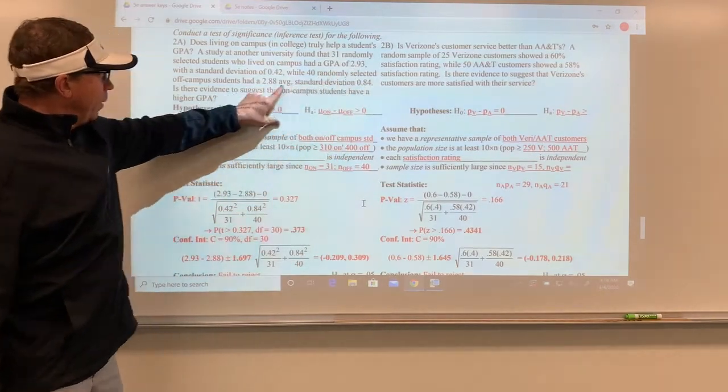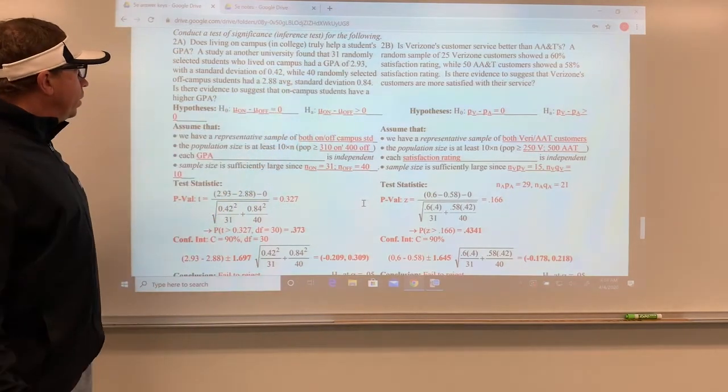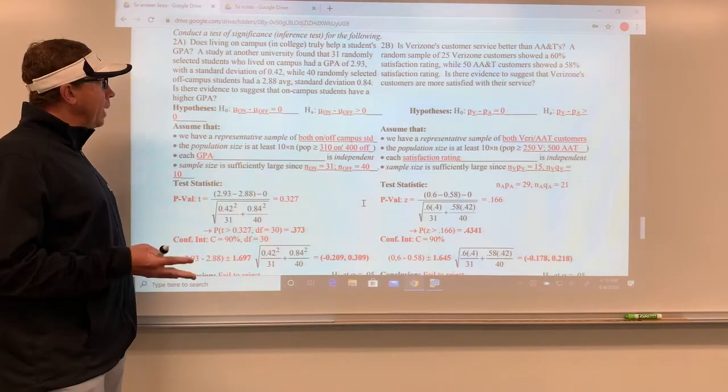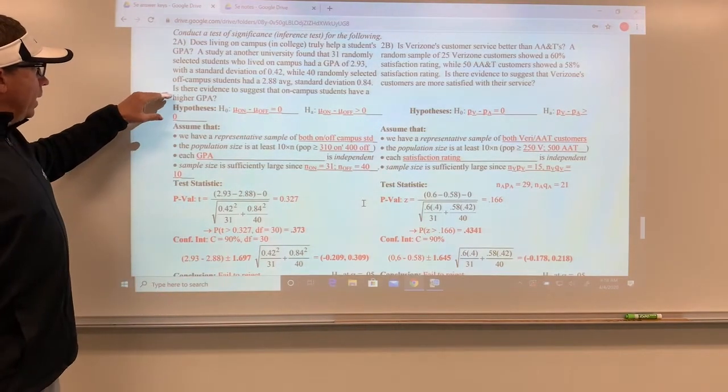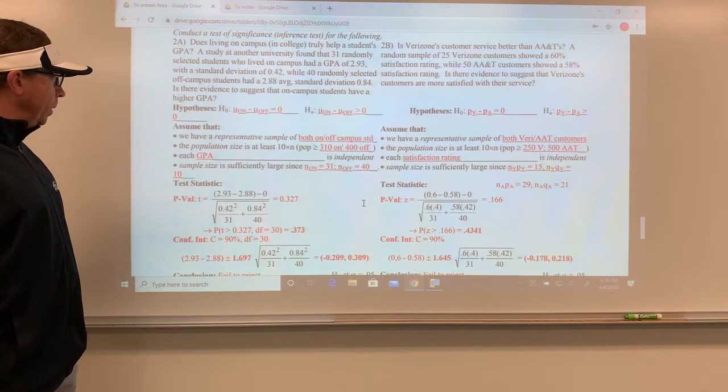So that's a little bit bigger than this. But is that big enough to suggest that we have a difference overall in kids living on campus? I don't know. And that's the question. Is there evidence to suggest that on-campus students have a higher GPA?